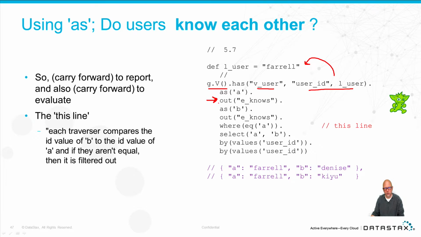We're going to go out from knows again and pull another data set and call it B. So who does Farrell know is A, and then out again is B. And we're going to say where basically the key from B equals the key of A. And we're going to return these 2 rows, select A and B.